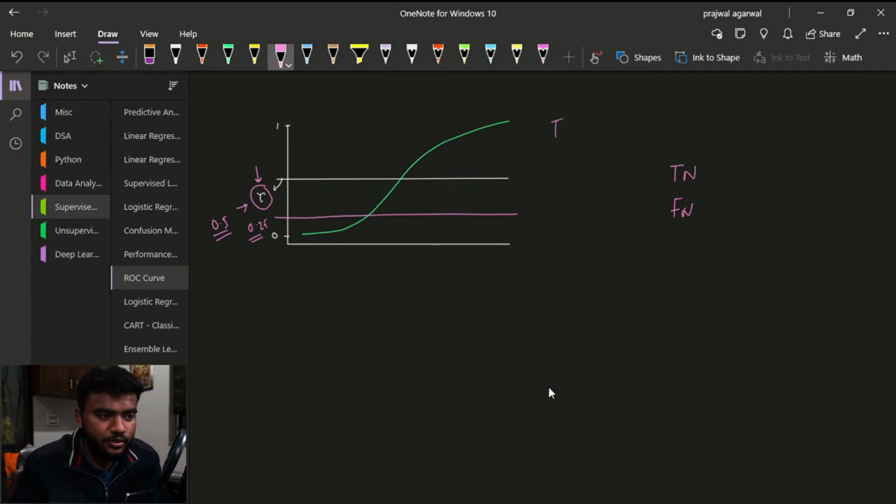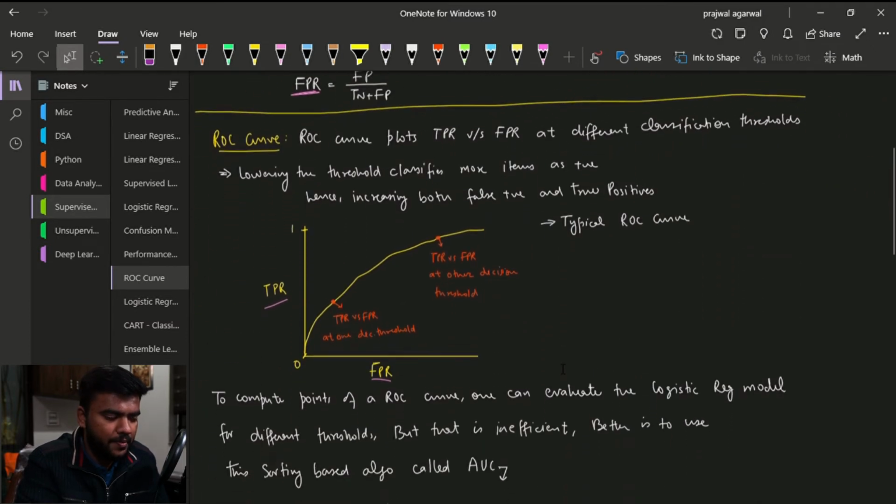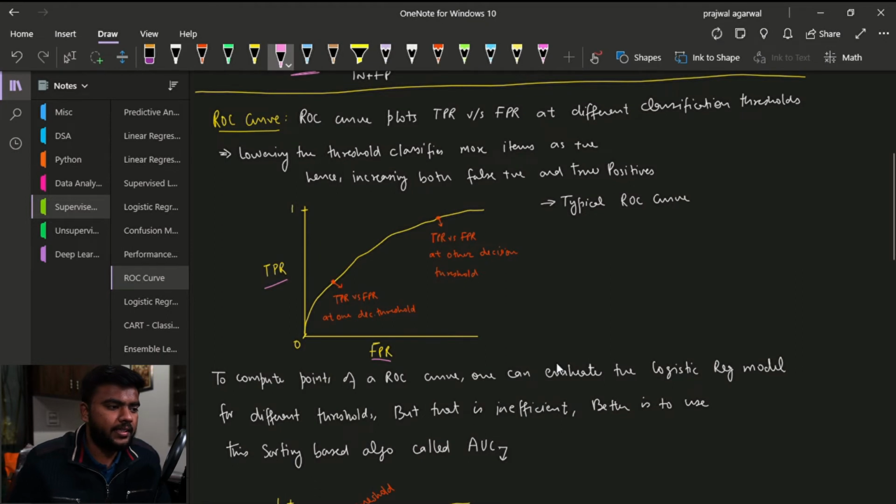That will increase true positives and it will also increase false positives. So this was the foundation that I wanted to explain before I get into the ROC curve.